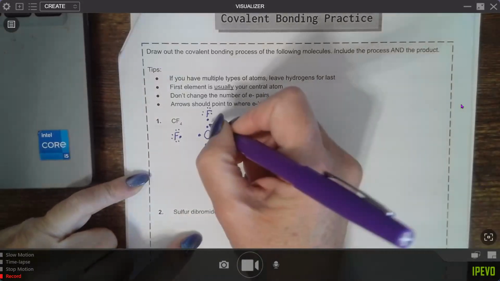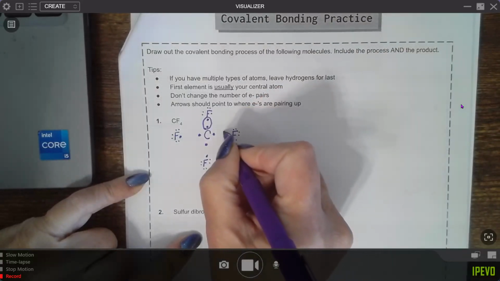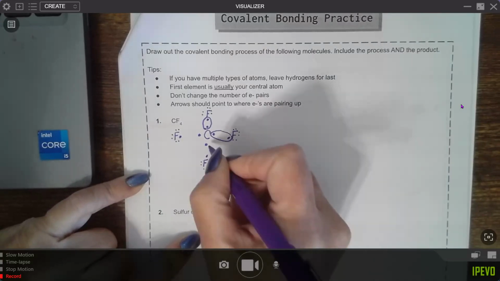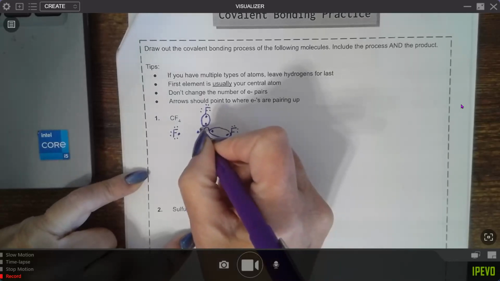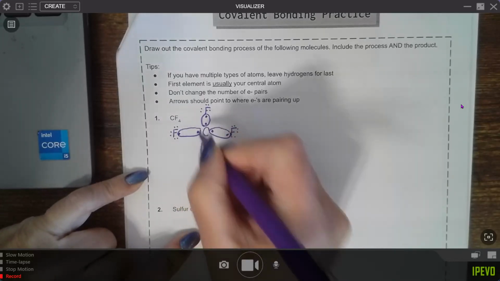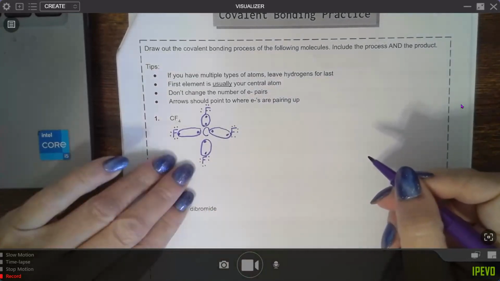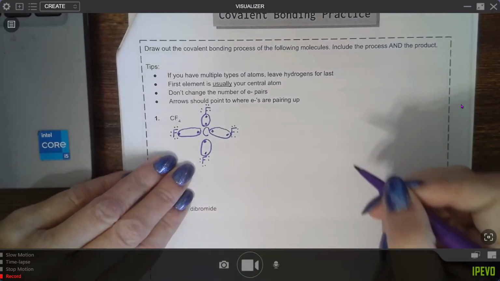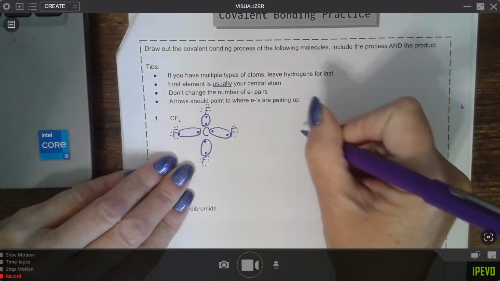In this example, I'm going to loop the electrons that are going to form a bond. So 1 electron from the carbon will bond with 1 electron from each fluorine, forming these bonds. If you get really good at this and can just draw the lines, that's fine.